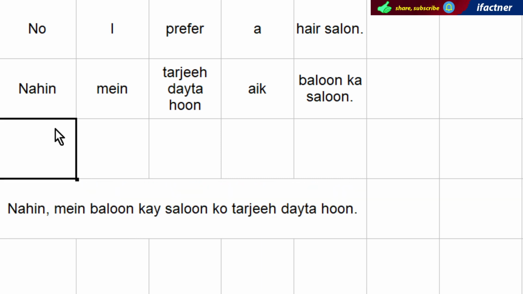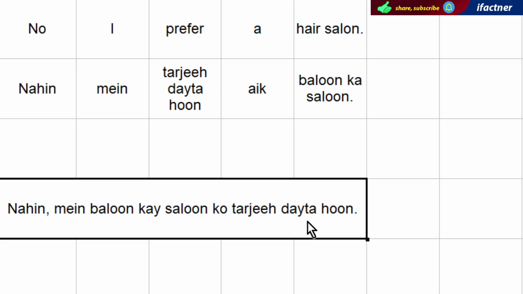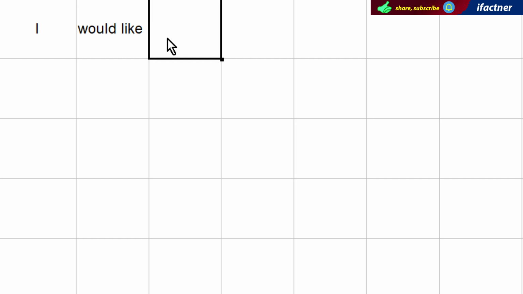Or you can simply say, no, I would like to go to the hair salon. नहीं, मैं बालों के सलून पर जाना चाहता हूँ. But here, no, I prefer a hair salon can be translated as नहीं, मैं बालों के सलून को तरजीह देता हूँ. Or you can simply say I would like to go to a hair salon. I would like to go to the hair salon, or we have already translated it.